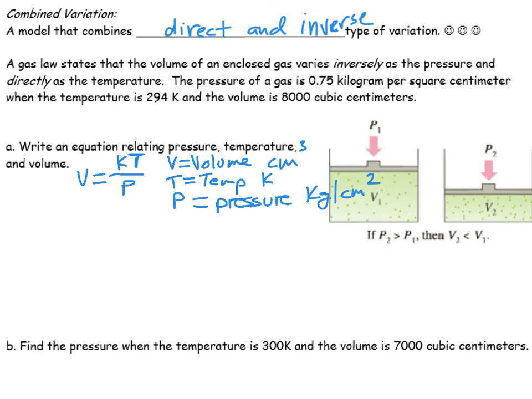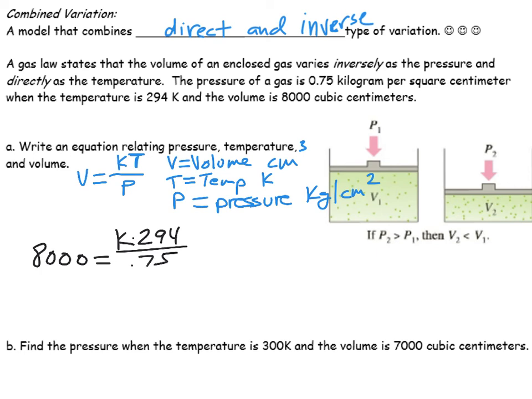All right, so to do this, we need some information, which, of course, we have. It says if the volume is 8,000, because we're after K, but it takes up 8,000 cubic centimeters when the temperature is 294 and the pressure is 0.75.